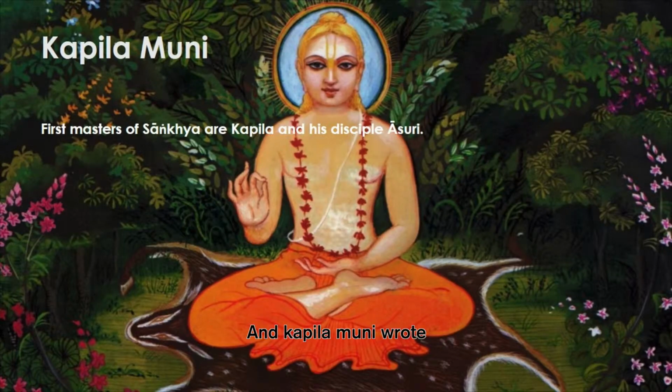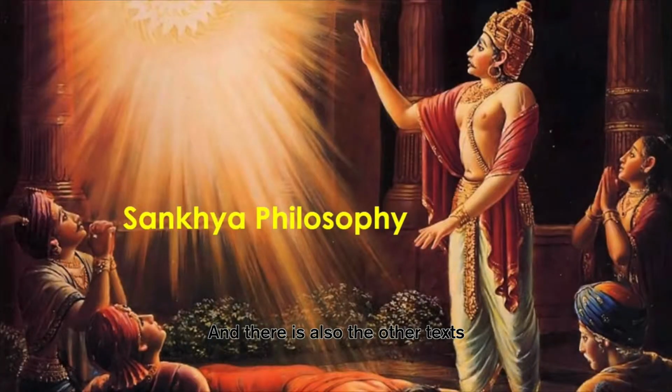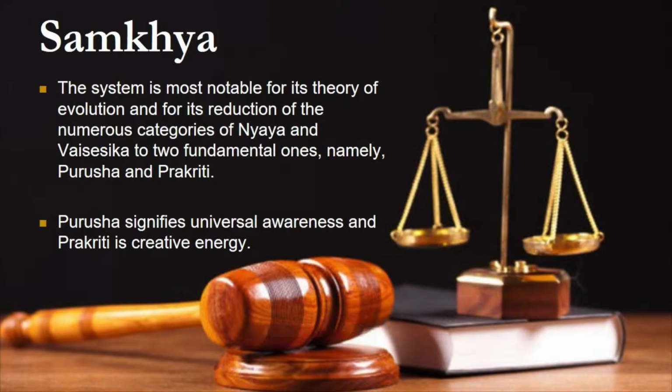And Kapila Muni wrote the essence of all this in Sankhya Karika, and it is dated around 200 or 350 to 450 I mentioned. And there are also other texts of the Sankhya, and the renewed interest helped them to write this new dimension.